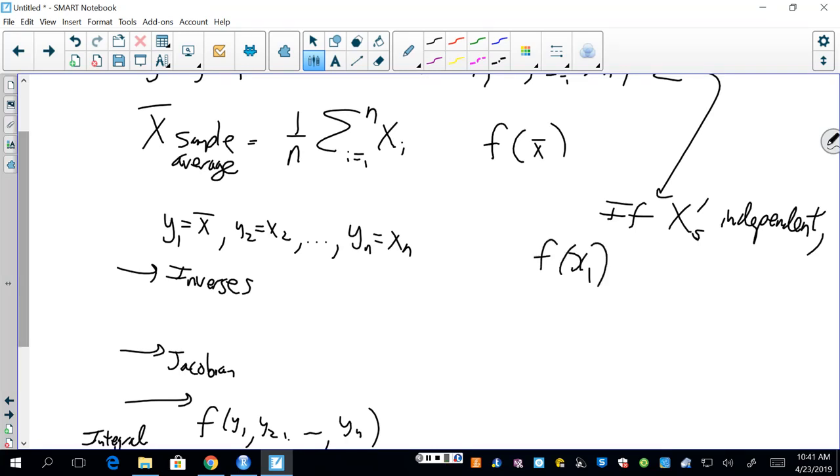The density for the first one, the density for the second one, the density for the last one, etc.